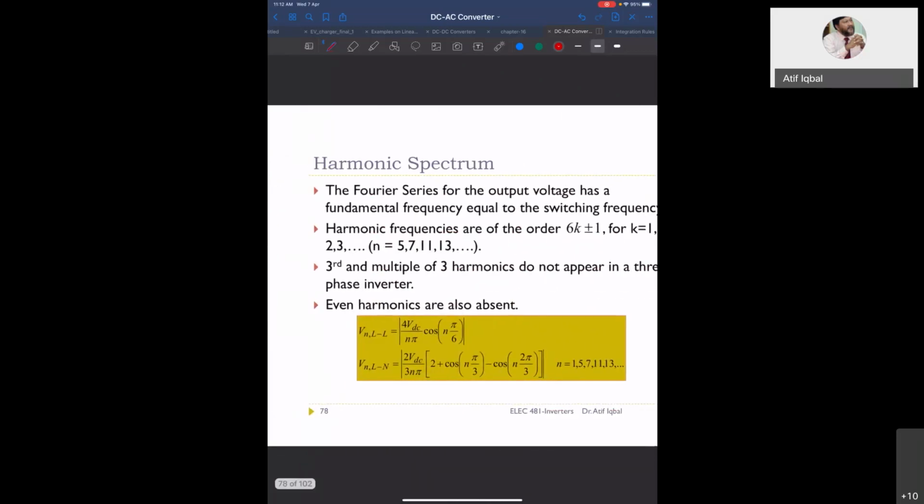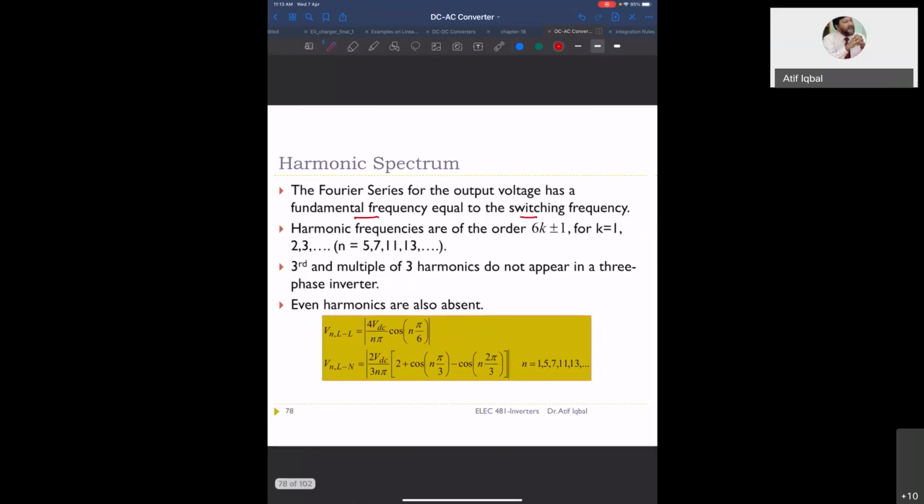Now let us see the harmonic spectrum, how the harmonic components look in a 3-phase 180-degree conduction mode, square wave or six-step operation of the inverter. The Fourier series of the output voltage has a fundamental frequency equal to the switching frequency. Switching frequency and fundamental frequency are the same in the 180-degree conduction mode, and harmonic frequencies are of the order of 6k plus minus 1.